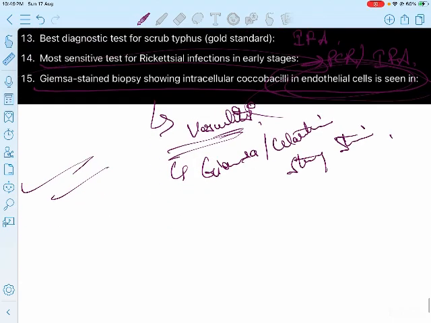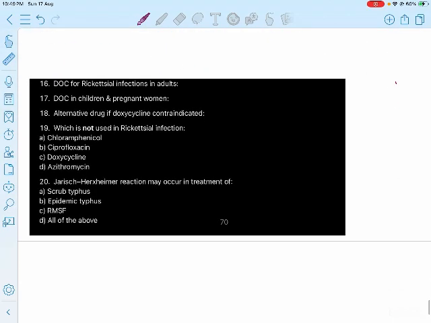Now moving forward, the drug of choice for rickettsial infections in adults. The drug of choice for all of them is doxycycline, is what we know. So doxycycline for everyone.